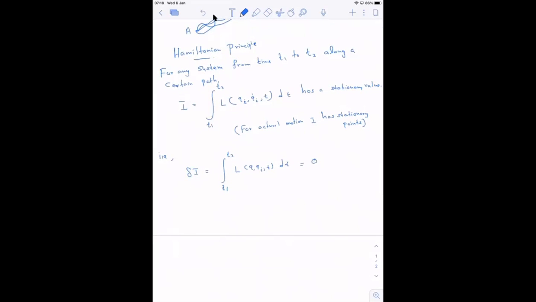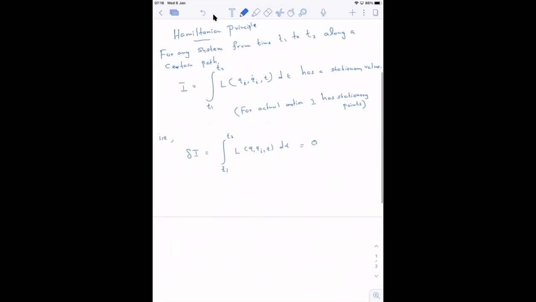But here what we are doing is, we are varying the function itself, and then once you vary the function, then you look at how the integral changes, right? So that's the difference in this particular situation than the previous instances that you had in differentiation, right? When you are trying to find stationary points.